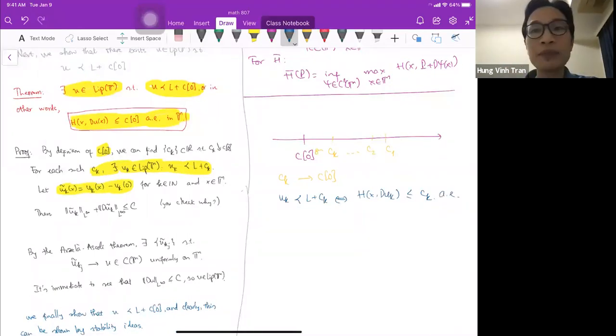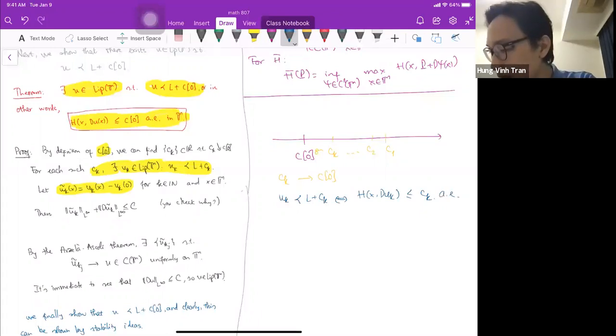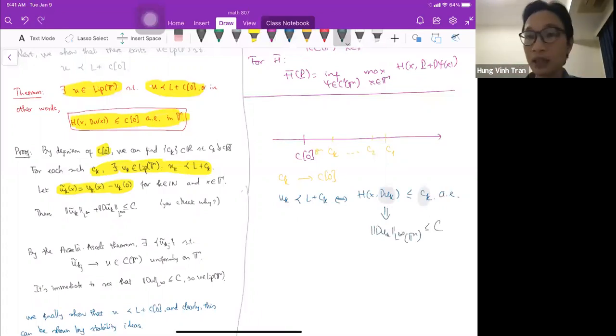And the problem is that from this bound we automatically imply that UK in L infinity of the torus is bounded by a constant independent of K, because our Hamiltonian is superlinear.